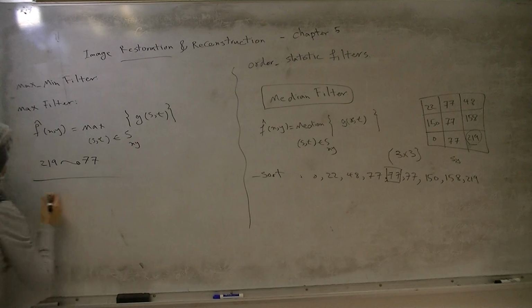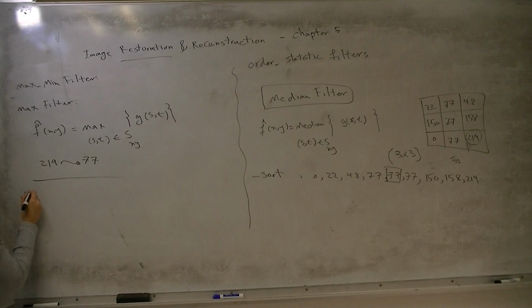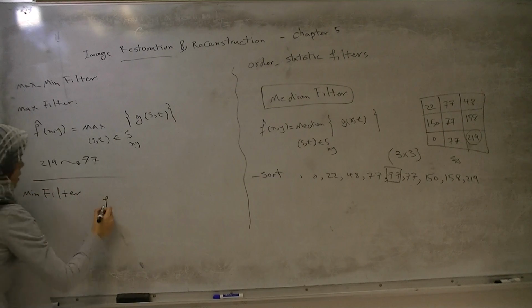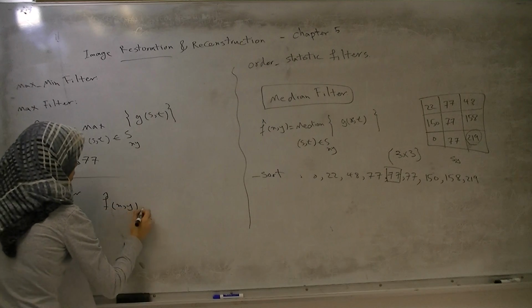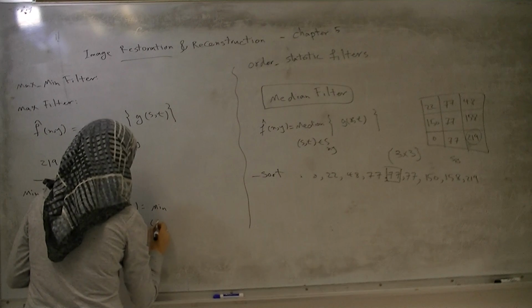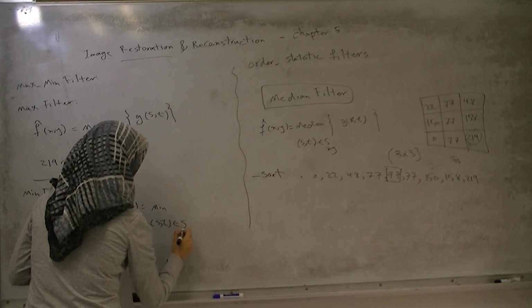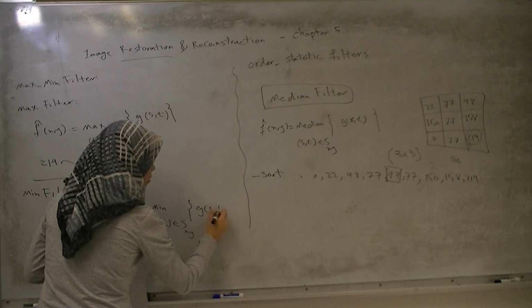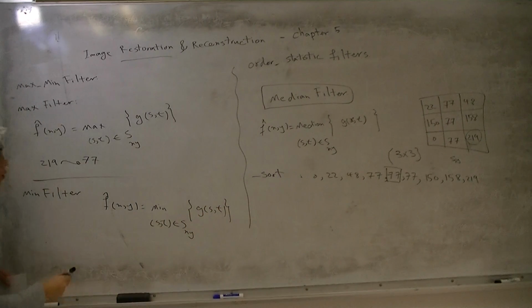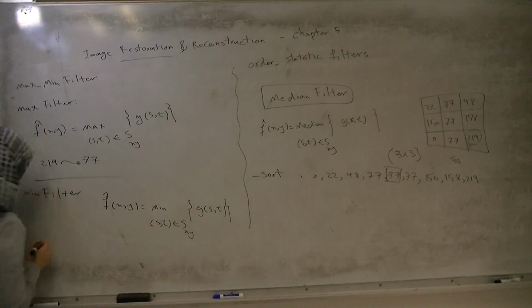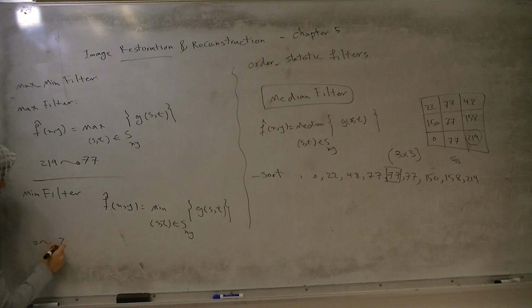The next one, as you can guess, is the mean filter. The mean filter is the same as the max filter, but instead of the max, we have the mean of the S and T. So, for example, here, instead of the 77, we should put the 0 in the center of the S xy window.